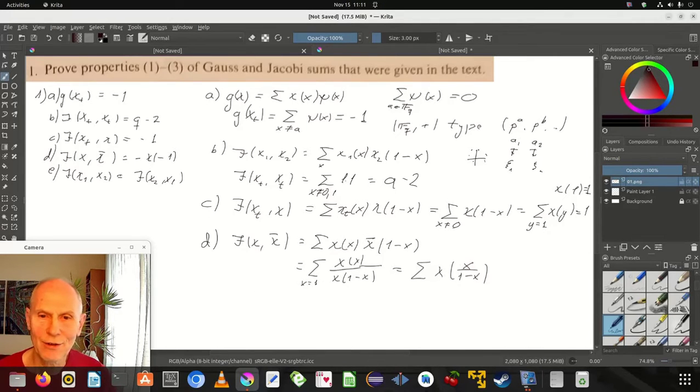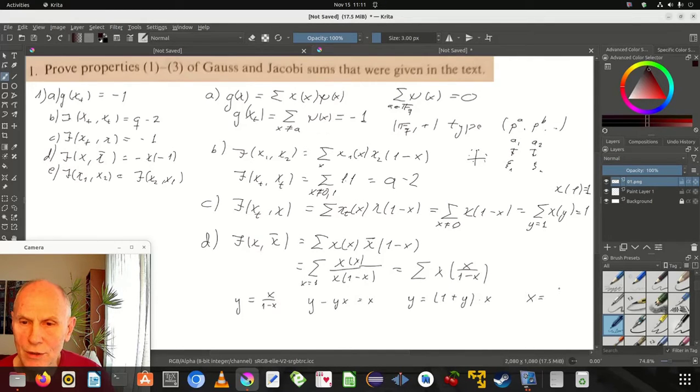So let's change variable and solve it in the field. And now we get, of course, x equals y divided by 1 plus y, provided y is different from minus 1.